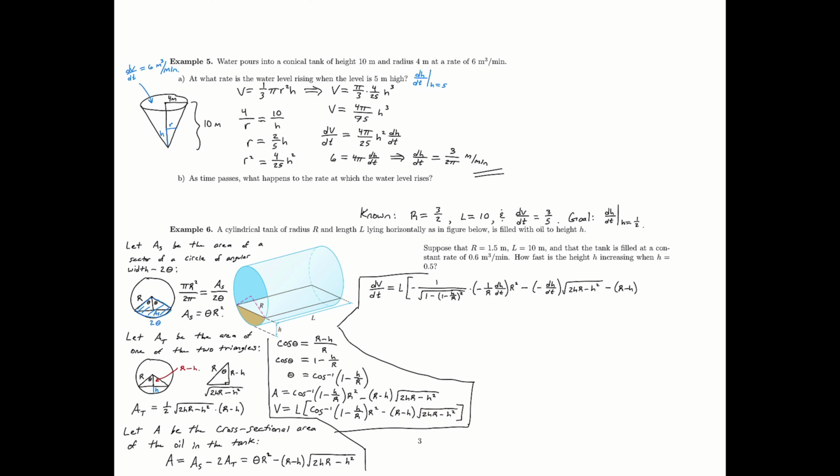So this chain rule would be times 1/2, leave the inside alone, times the derivative of the inside, which is going to be 2r dh/dt minus 2h dh/dt. Running out of room here. Close parentheses, close brackets.